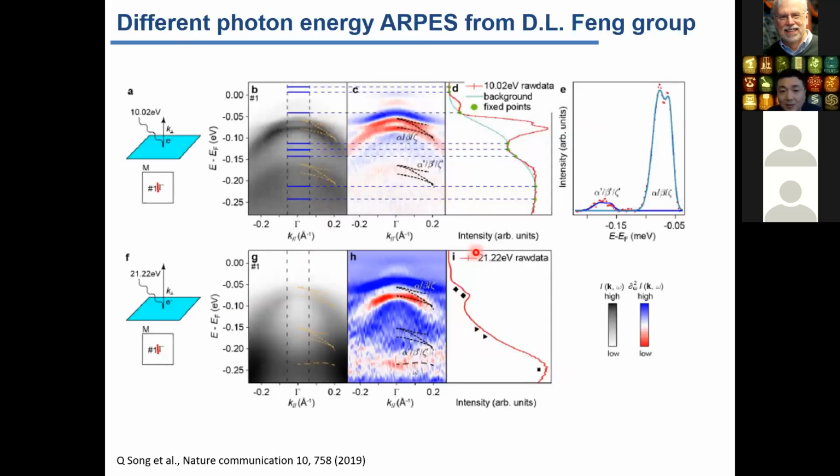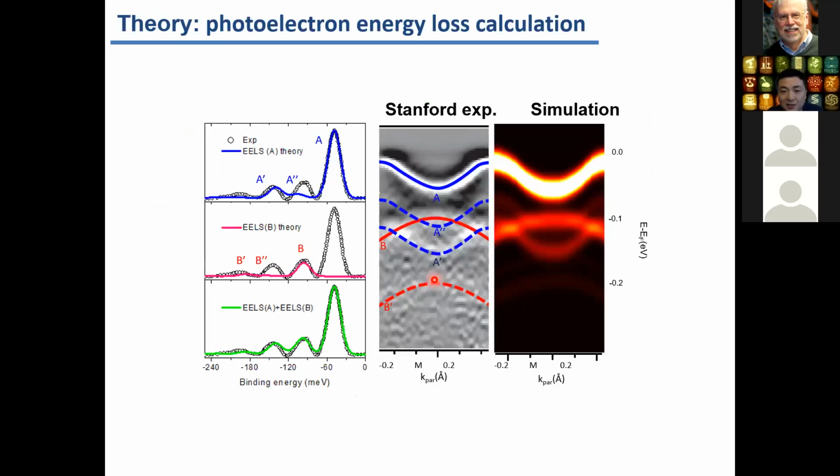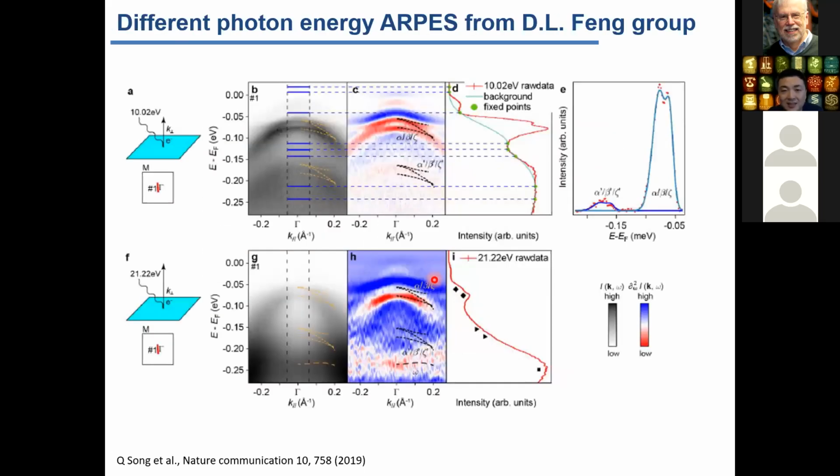So later, more recently, a group from China did a more ARPES measurement, trying to address the two theories: either intrinsic electron-phonon coupling or an extrinsic energy loss process during the measurement that gives these replica bands. What they did is measure the ratio of the replica band versus the original bands.